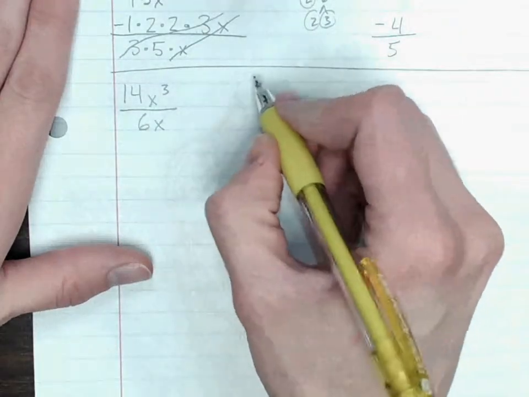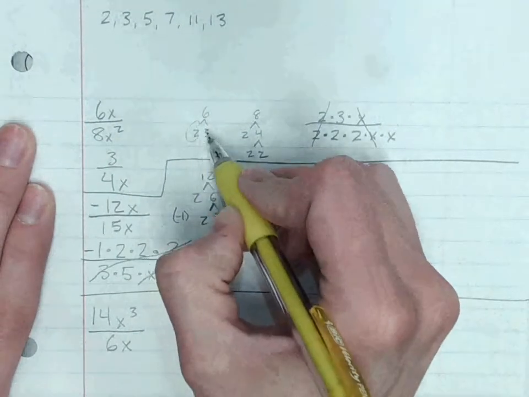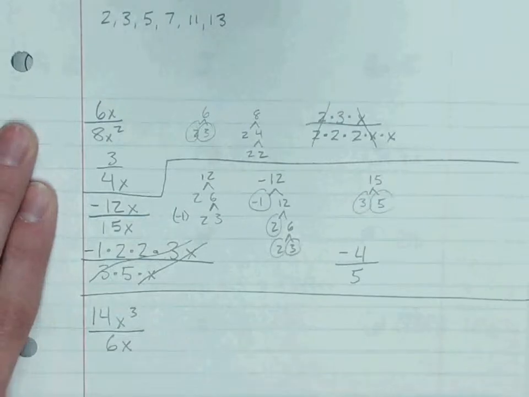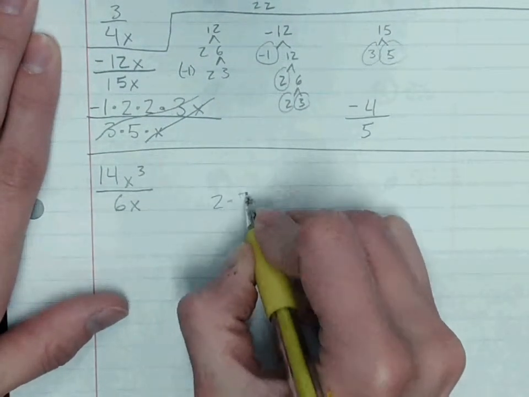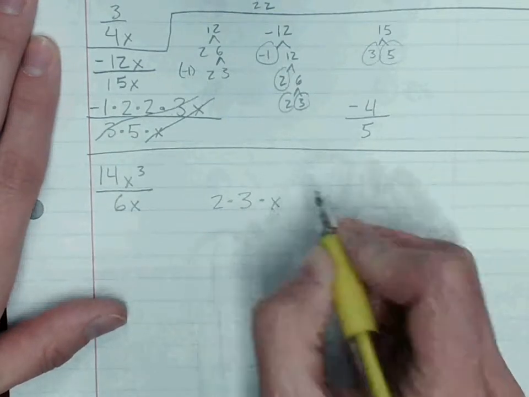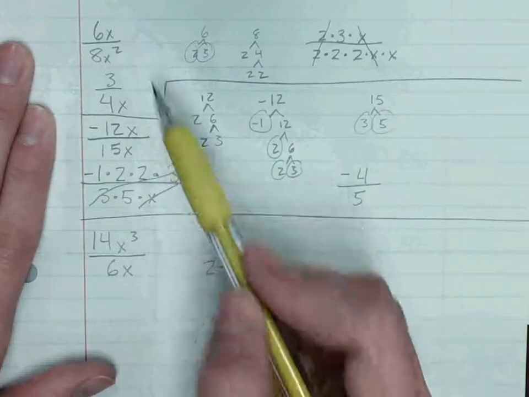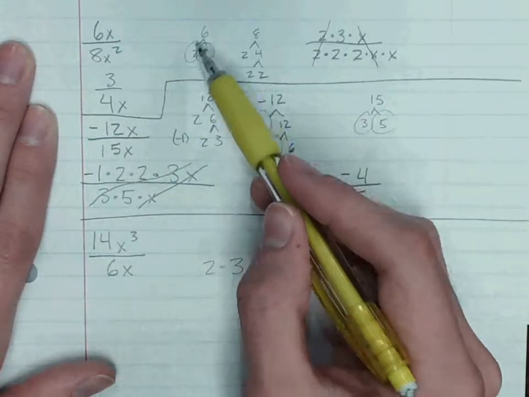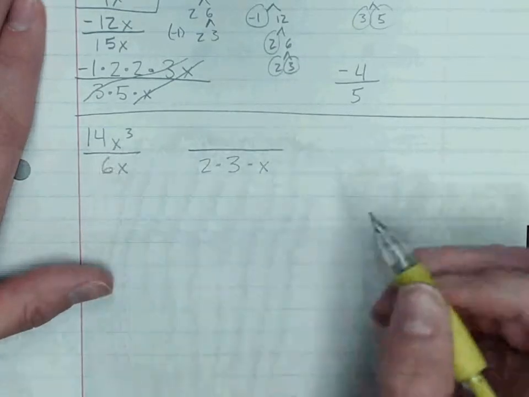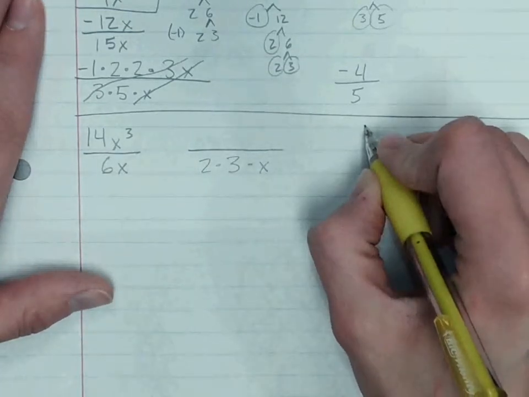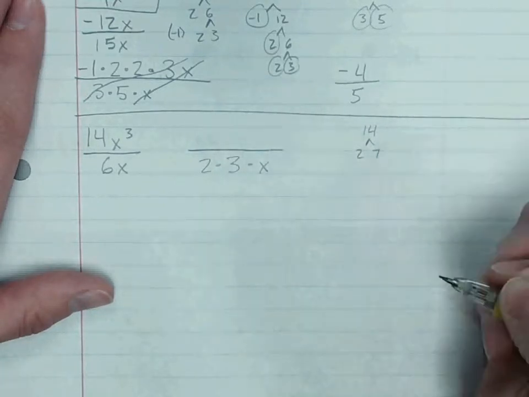On the bottom of my fraction, if you want, you can look up here and use that from before. I'm going to have a 2 times a 3, and then times a single x. We can use our factor tree from up here for 6. Now, I haven't done 14 yet, so I'm going to have to do it out to the side here. That would be 2 times 7.